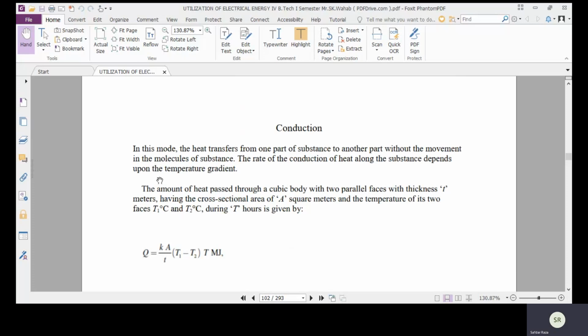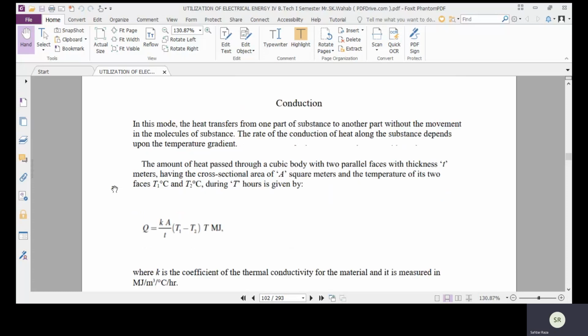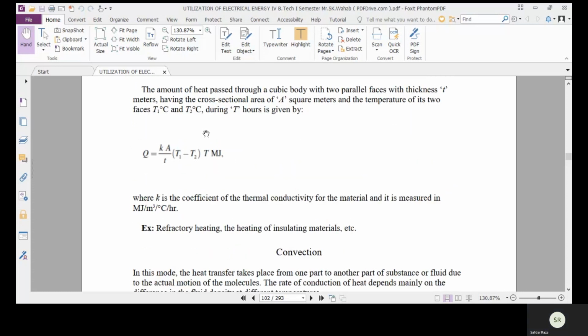The amount of heat passed through a cubic body with two parallel faces with thickness T meter, having cross-sectional area of A square meters, and the temperature of its two surfaces T1 and T2 degrees Celsius during T hours is given by this relation, where K is the coefficient of thermal conductivity of the material and it is measured in megajoule per cubic meter per degree Celsius per hour.